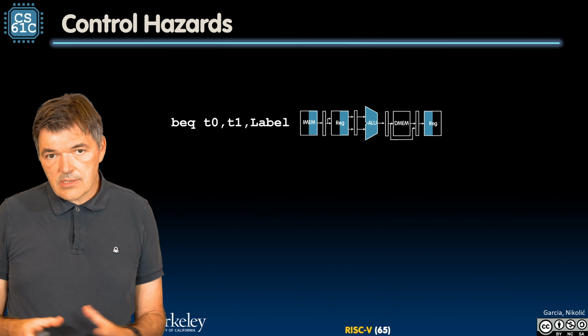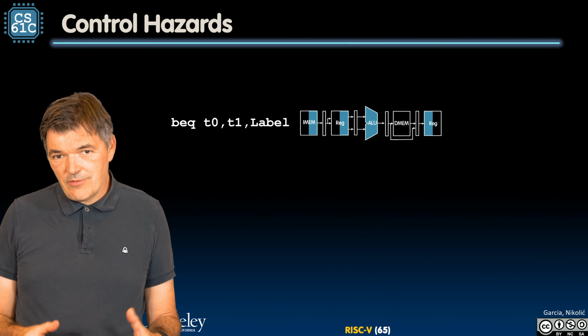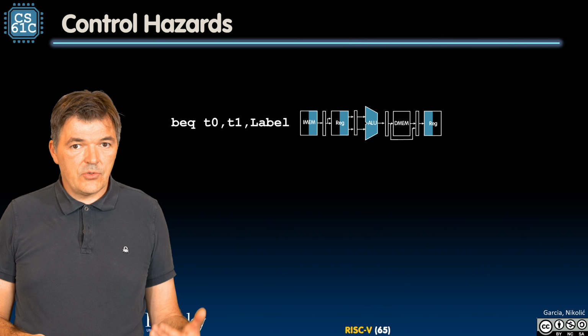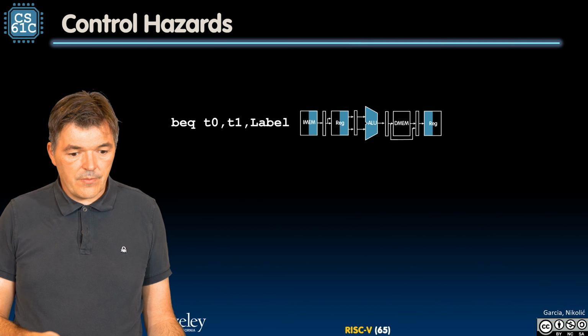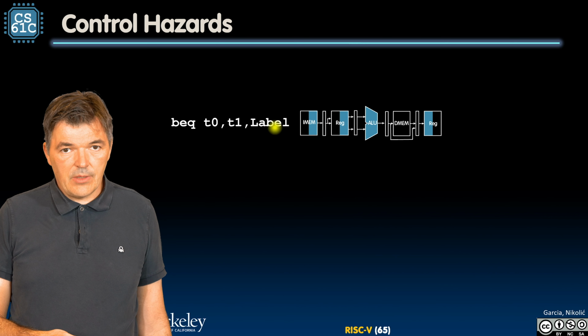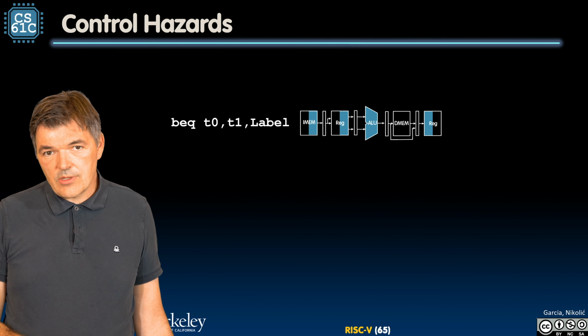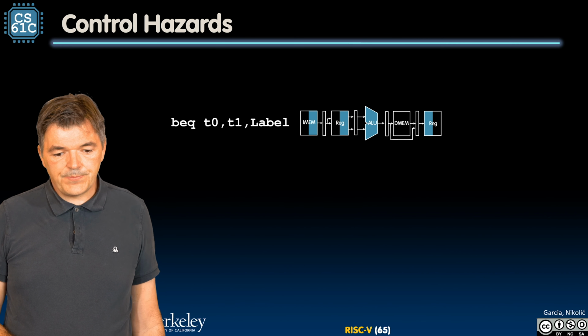That is the earliest time that, if we have appropriate hardware, we can update the program counter to the address that points to the label, or that we should be executing the next instruction in the stream.